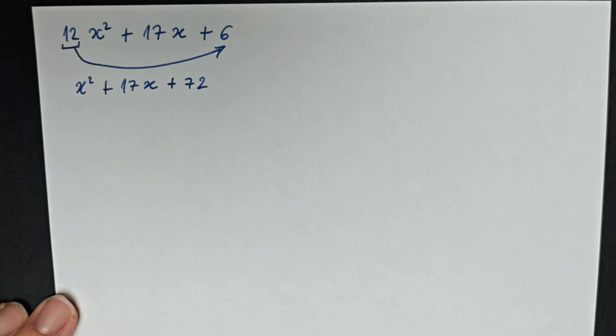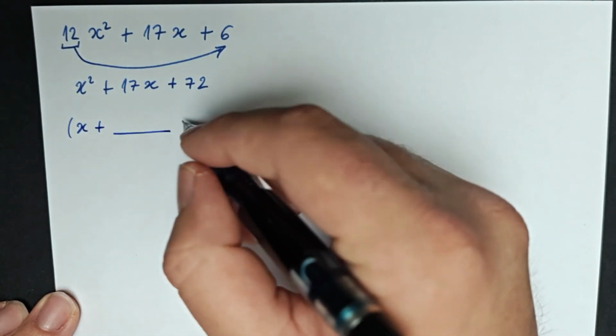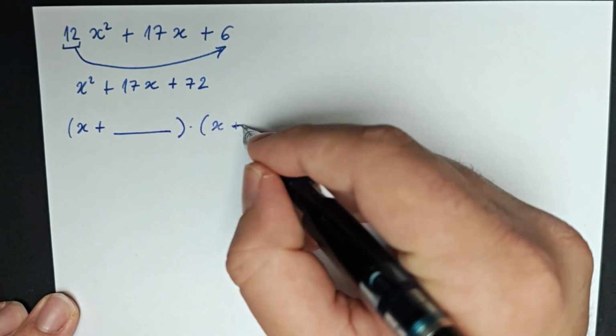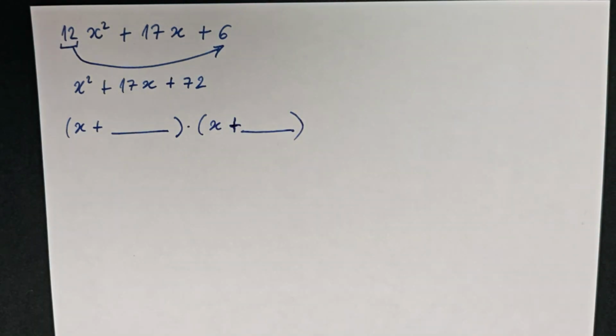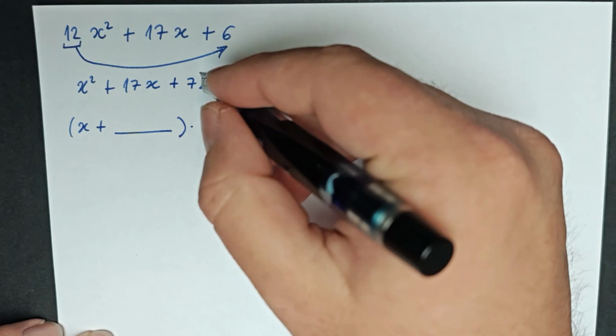That means that we have to write it in the form x plus something multiplied by x plus something else. In order to find these two unknown numbers, we have to determine which properties they have to satisfy. The first property is that they have to give a product of 72.